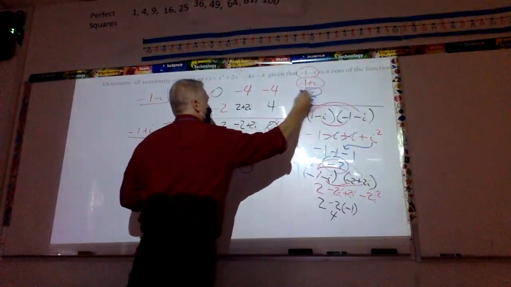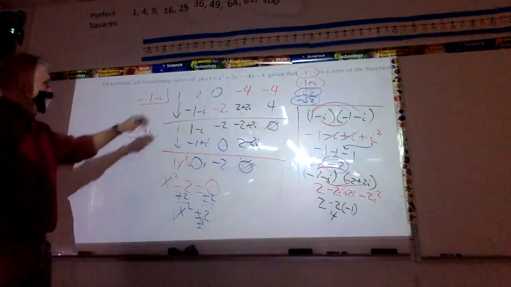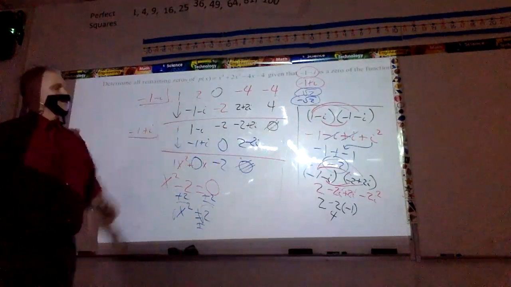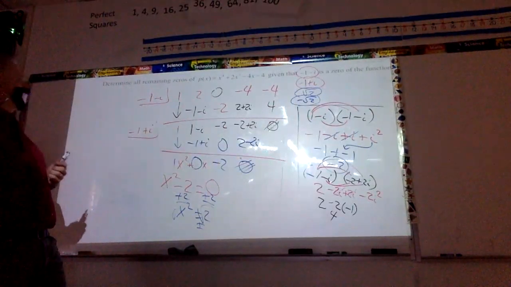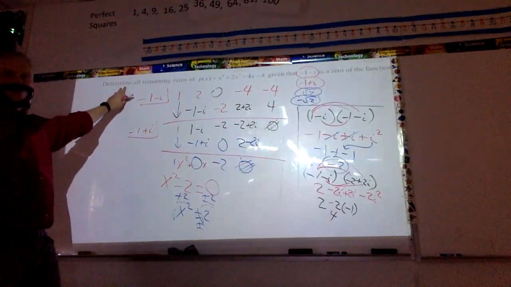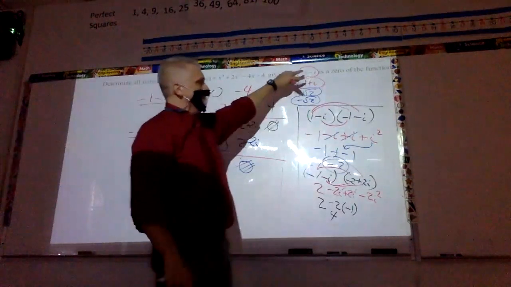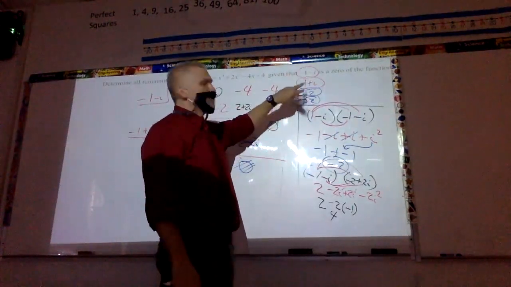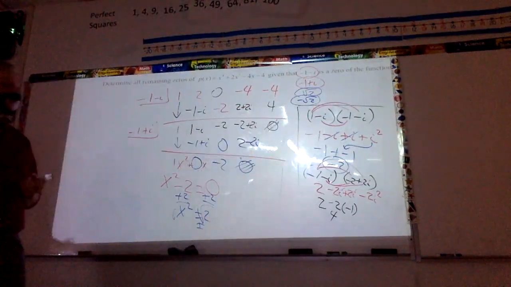Plus or minus root 2. So I've got all 4 of my zeros that we have looked at here. We said that there were 4 complex zeros. We found all 4 of them. 2 of them had imaginary parts. 2 of them are irrational and have radicals in them. Well, we found them all.